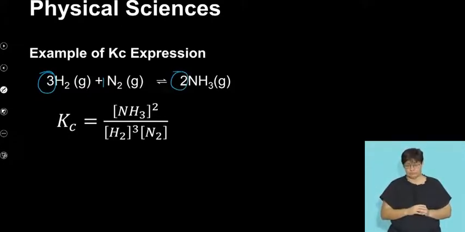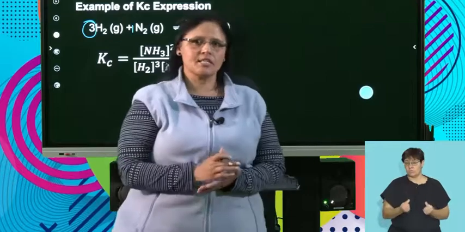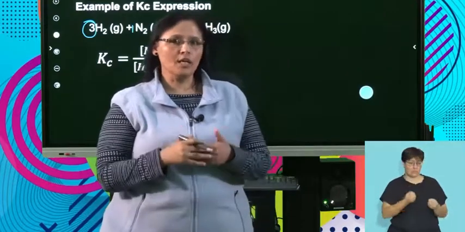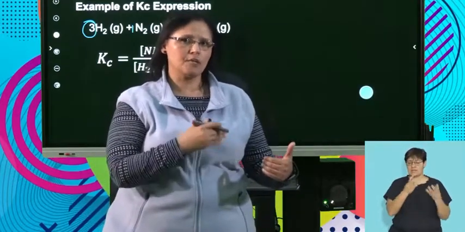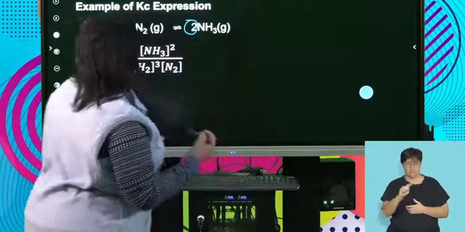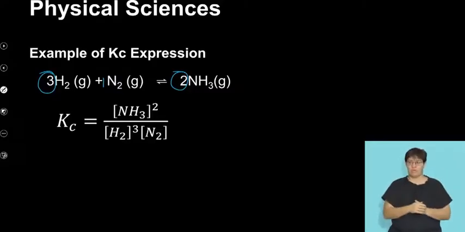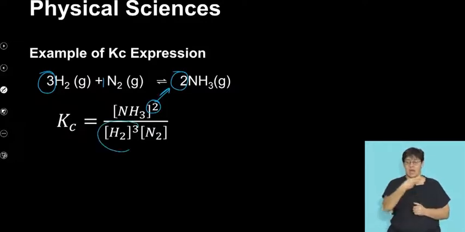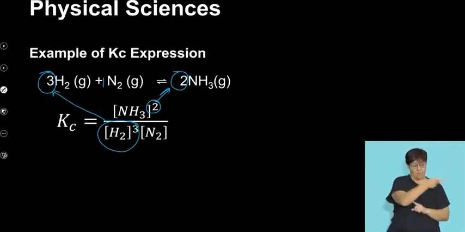Now, when we do the concentrations of this in our Kc expression, we normally use the coefficients and they become a superscript. So in this case, we now have NH3, the concentration to the power 2. That comes from the coefficient. For hydrogen, it's to the power 3, or to the exponent 3.